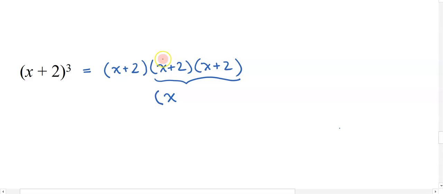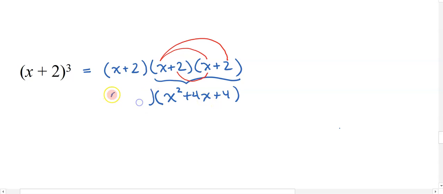So I'm going to do the first one, which is x squared. And I'm going to do the outer product, the x times 2 and get 2x, and the inner x times 2 and get 2x, and I'm going to add that in my head and know that 2x and 2x is 4x. That's how you can save yourself a little bit of work. And then 2 times 2 is 4, rather than having to rewrite it all out just to collect those two like terms.